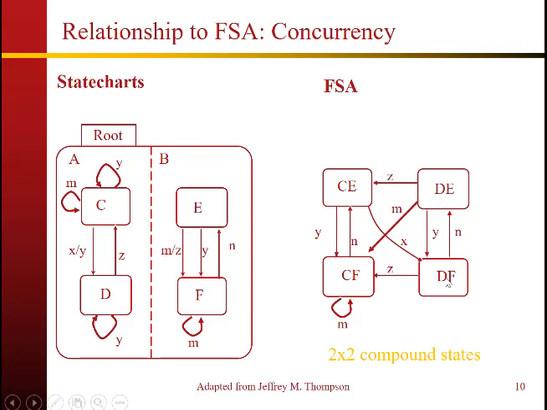Those are all the combinations. And you can see that even with this very simple example, there are only four states, two groups of two. This one is 4 states and 5 transitions. This is 4 states and a total of 8 transitions.